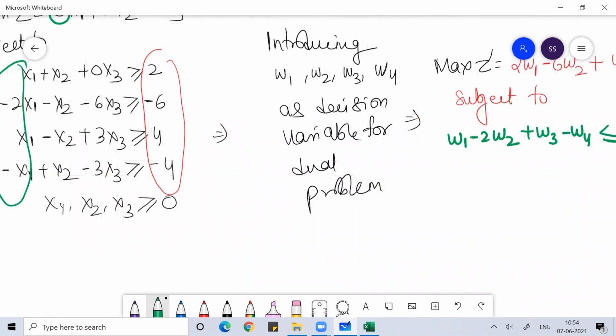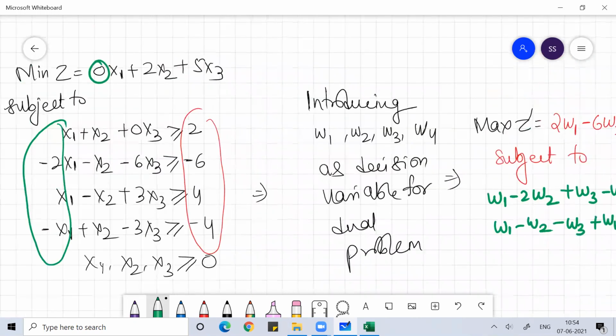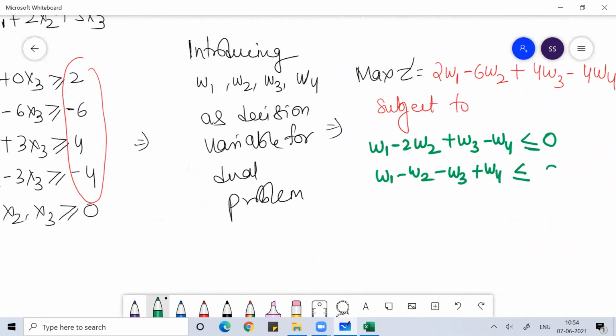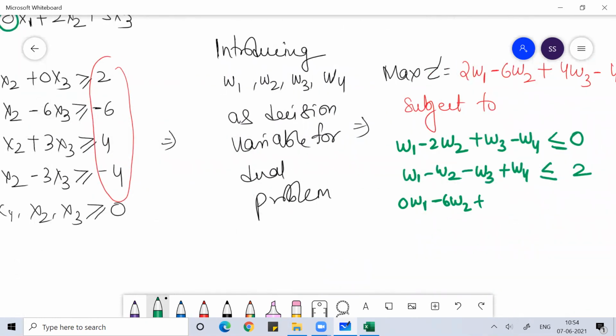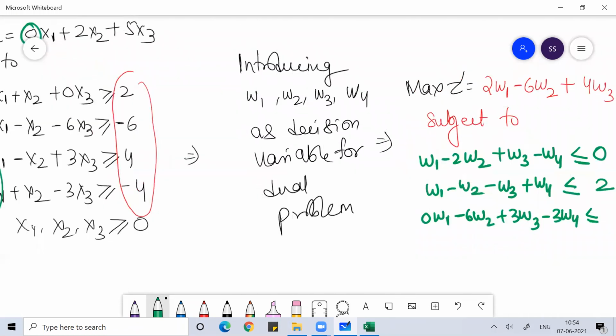The next one is W1 minus W2 minus W3 plus W4 is less than or equal to 2. Then the third one is 0W1 minus 6W2 plus 3W3 minus 3W4 is less than or equal to 5.